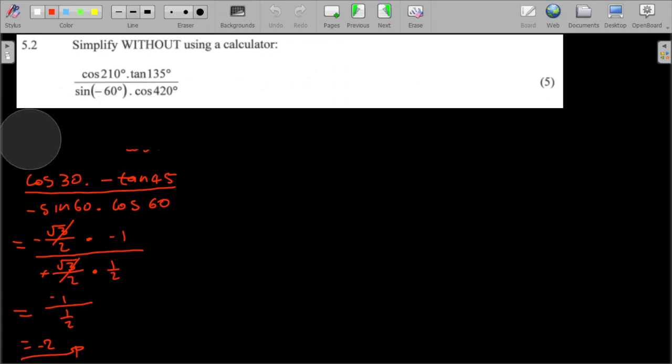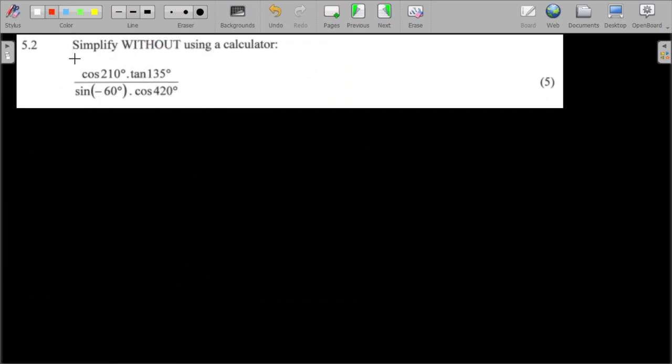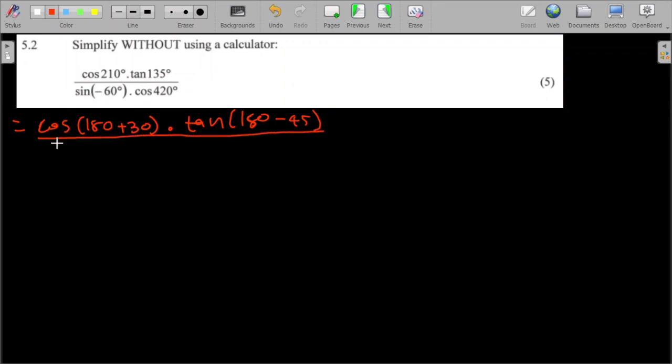Going to this one now, it is simplifying without the use of a calculator. So reducing this, it's going to be cos of 180 plus 30, which gives us 210, and tan of 135, so it's 180 minus 45, all over the sine of a negative angle, which is negative sine 60, times cos 420.